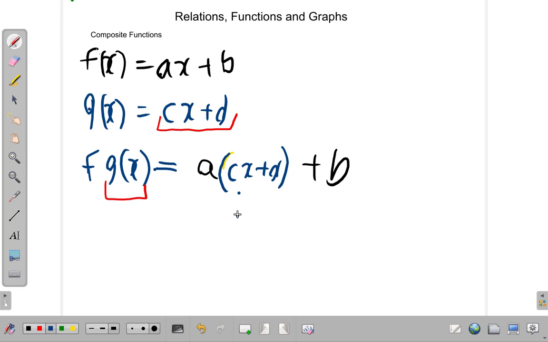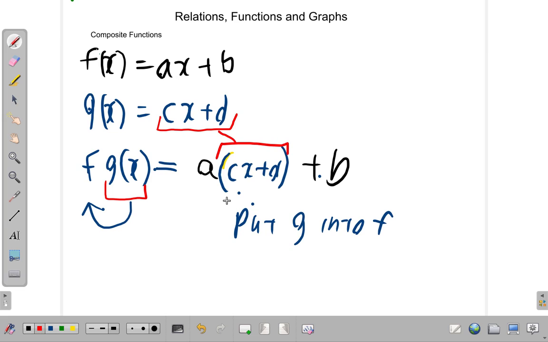So what we have done was to put g into f. Put the one on the right into the one on the left, because we're finding f of g of x. So we put g of x in f. So this cx plus d is the same cx plus d that we have here. Alright? So we put g into f.